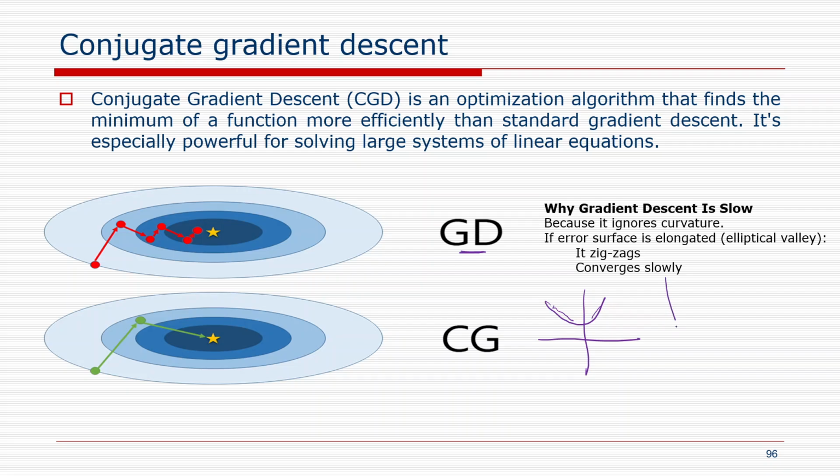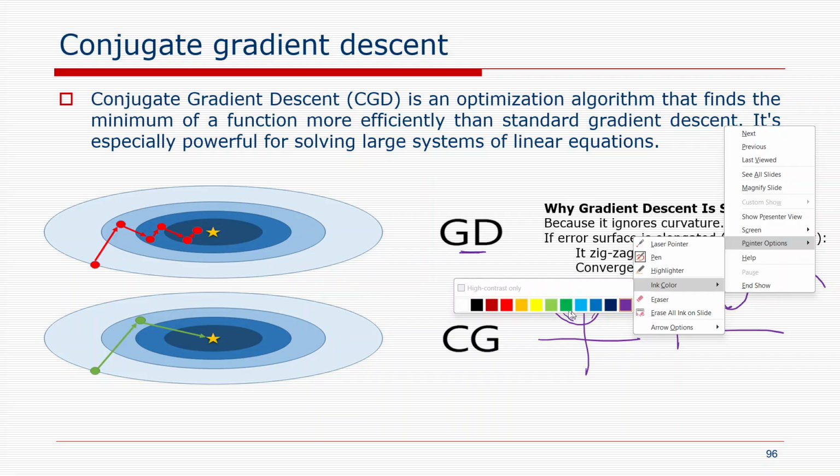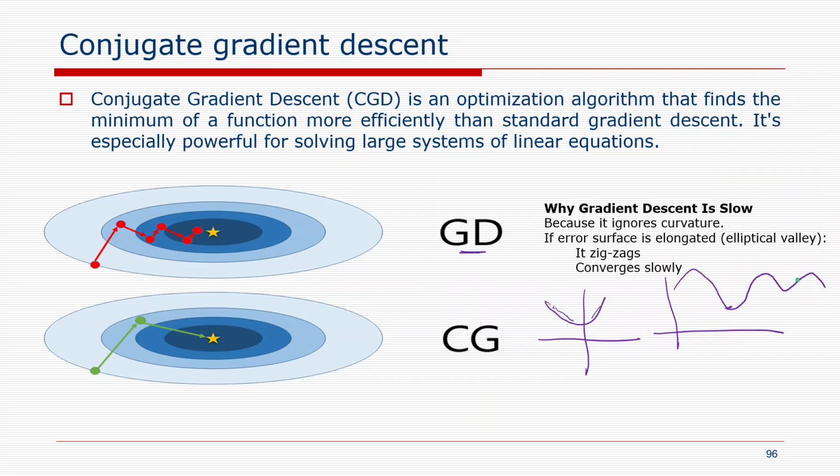But if I have a non-linear function, say the error function is going like this, and I would have started somewhere here, I will come down and land up here and say this is my solution.